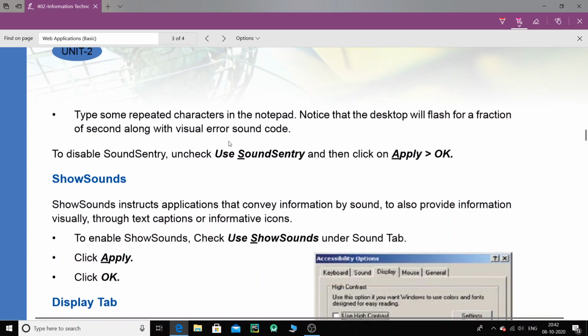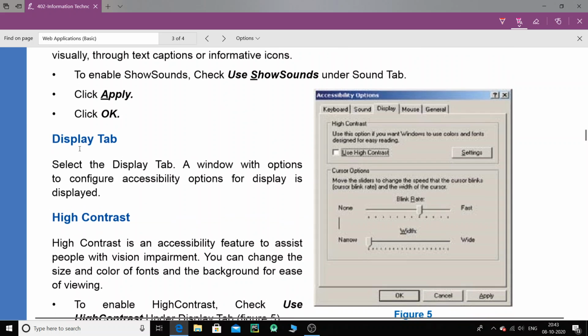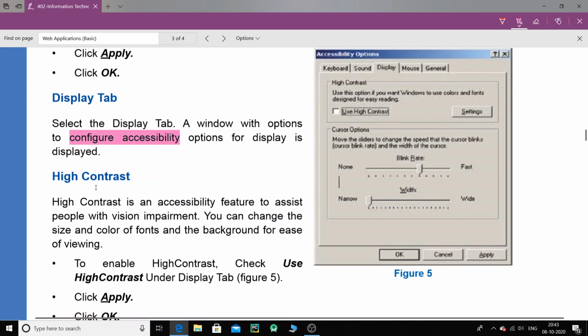Then comes ShowSounds, which instructs applications that convey information by sound to also provide information visually through text captions or informative icons. Display tab is a window with options to configure accessibility options for the display.